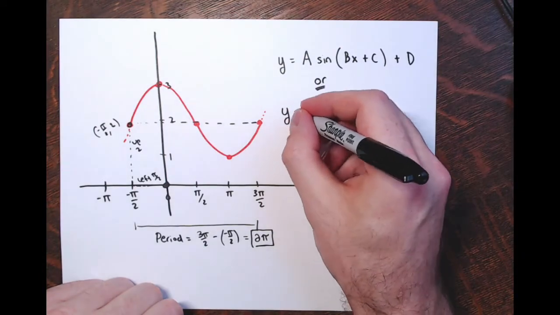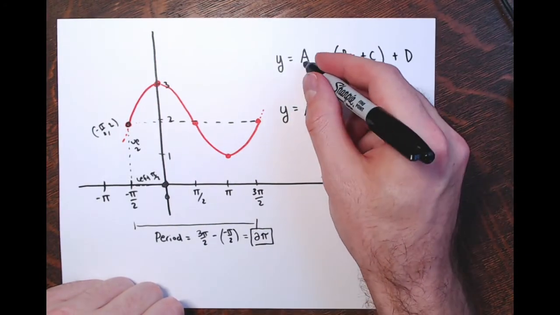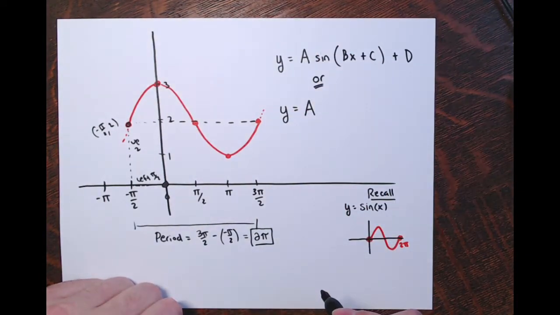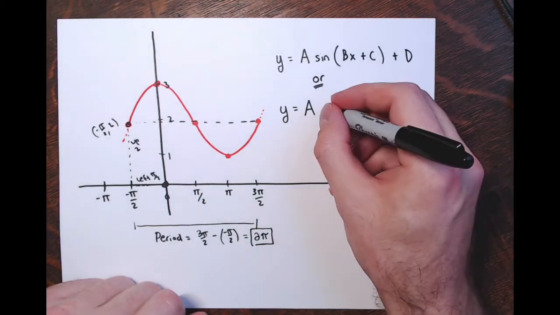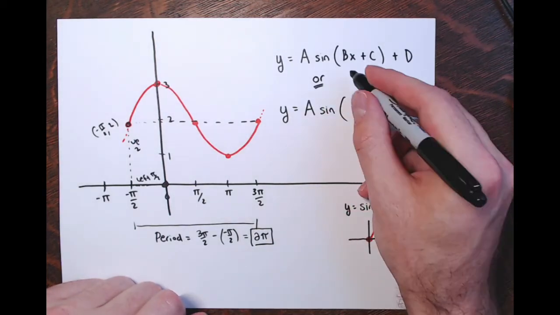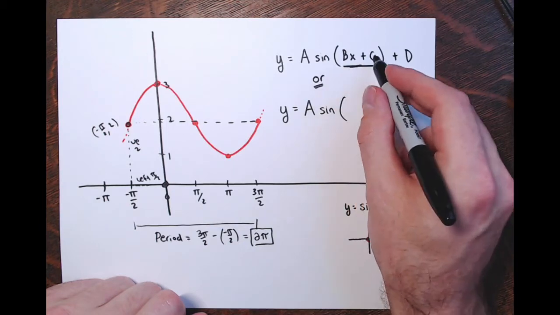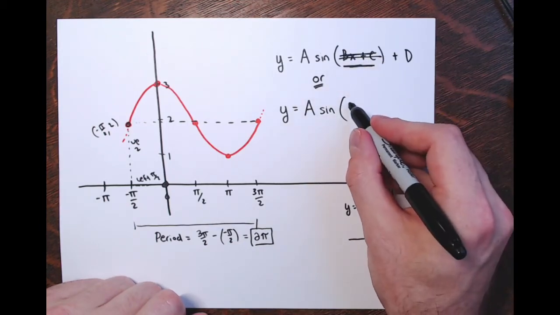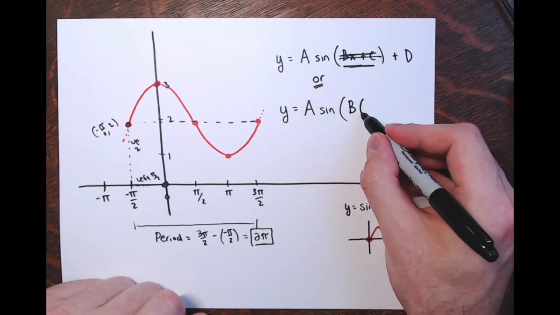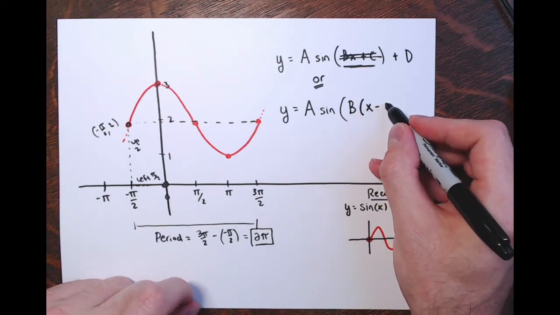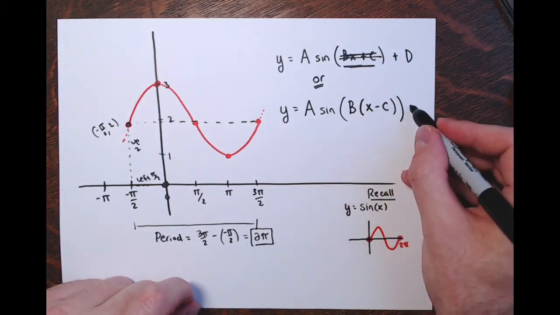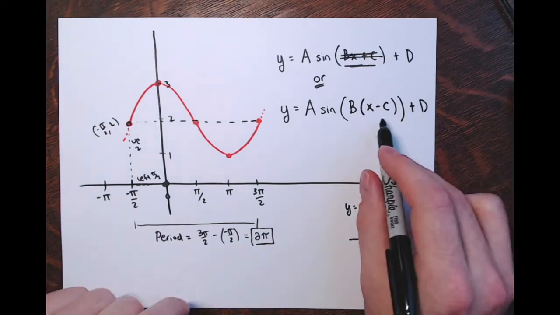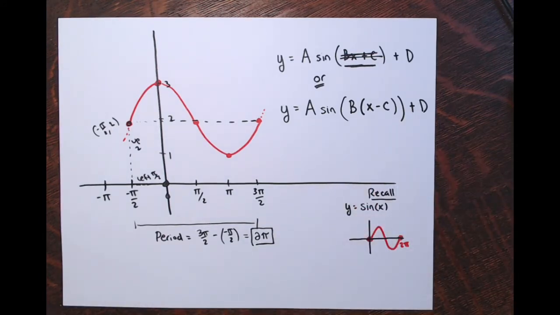I'll think of y equals a number on the outside, which will affect the amplitude, times the sine of, and then I'm going to rewrite this in a different way. I'll have a number b times the quantity x minus c, and then afterwards plus d. I know it's a little different, but this will help me keep track of things a little more easily.